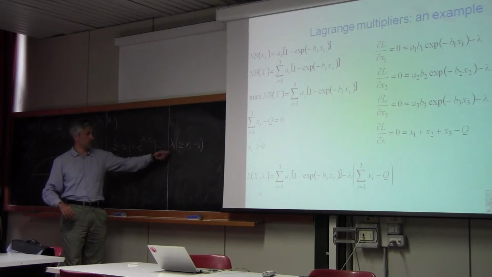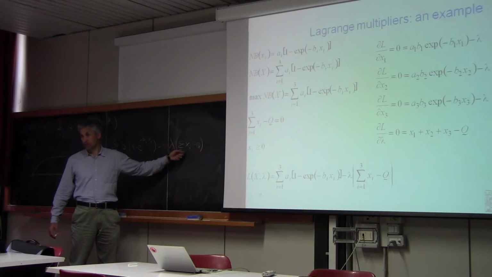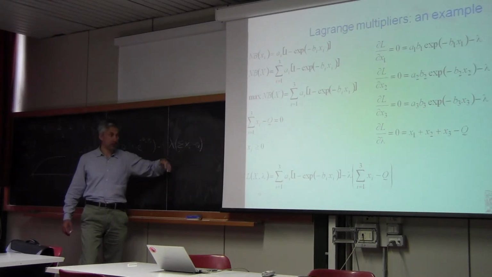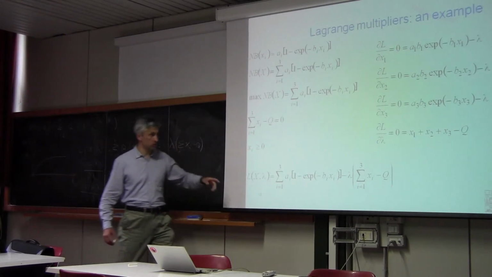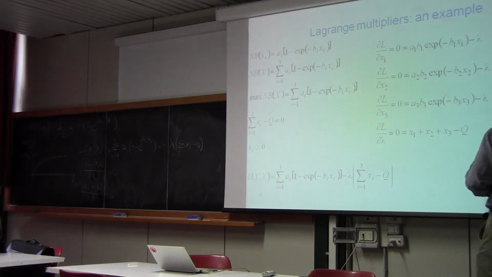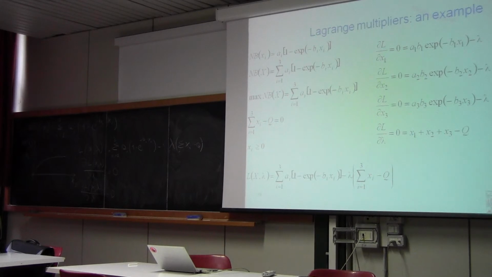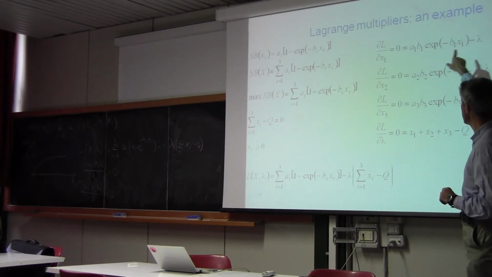While here, the partial derivative with respect to lambda is given by the summation of the x_i's minus q. And therefore you get back to the equation x1 plus x2 plus x3 minus q equal to 0. So you get back to the constraint again.